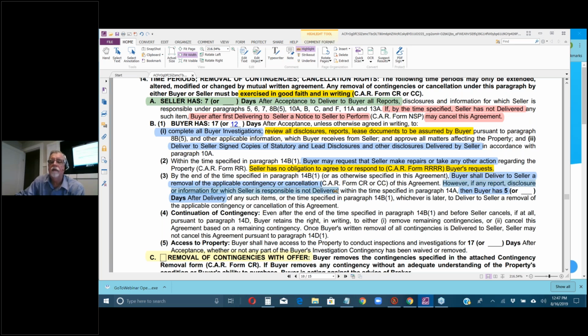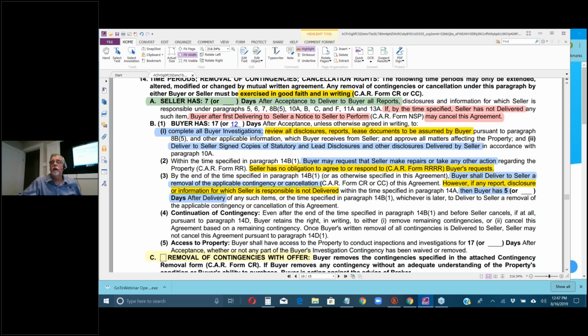If they haven't given you a natural hazard disclosure statement, you get 10 days with that, and 10 days with the lead-based paint, but you get 5 days from the delivery of other stuff from the seller. Even if you've removed the contingencies, but they haven't given you a prelim, which is unusual, you have 5 days from when they give it to you, no matter what this says.